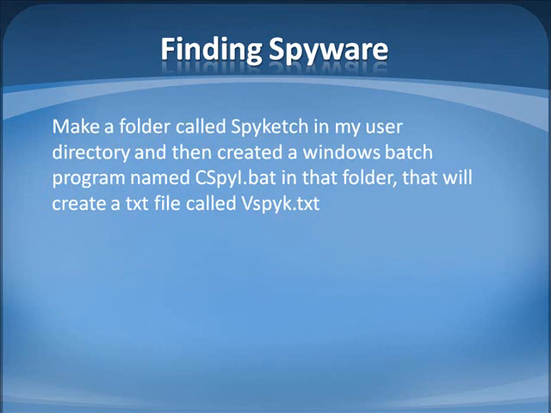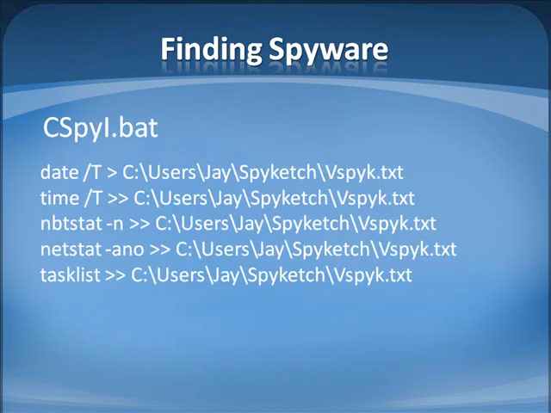We're going to make a folder called SpyCatch in my user directory, and then we're going to create a batch program called cspyi.bat in that folder that will create a text file called vspyk.txt. And this is the actual batch file. I'm going to leave it up here for a second, and you'll notice that I've got my path up there, C:\Users\J\SpyCatch, and it's going to build a file called vspyk.txt.